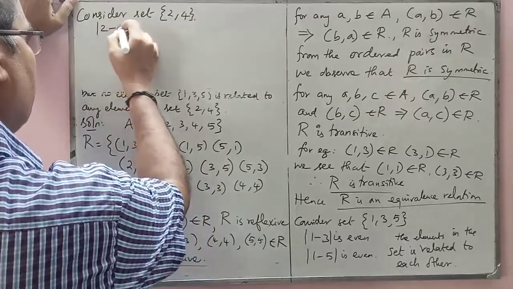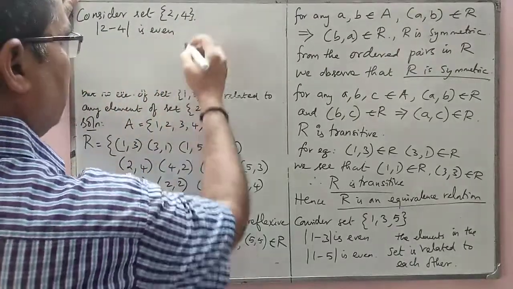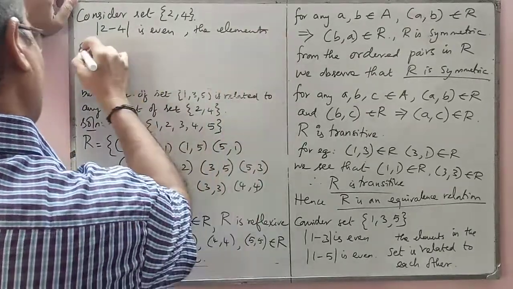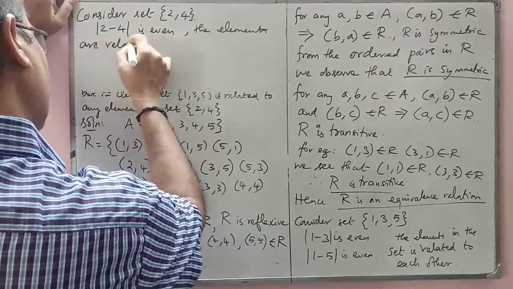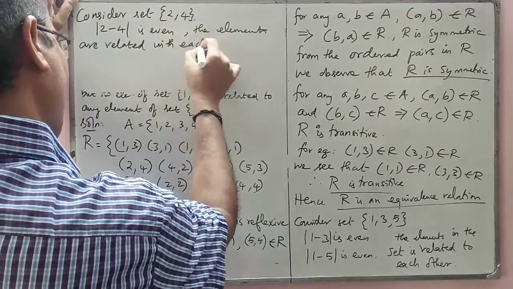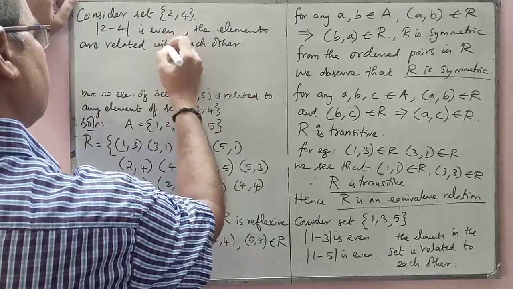The difference between 2 and 4 is even. Therefore the elements are related with each other. Okay children, they are related with each other.